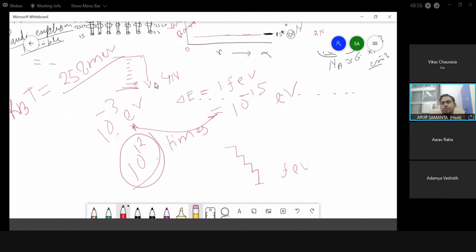Room temperature energy is 10 to the power 12 times higher than the successive energy difference within the conduction or valence band. That's why it's very high.